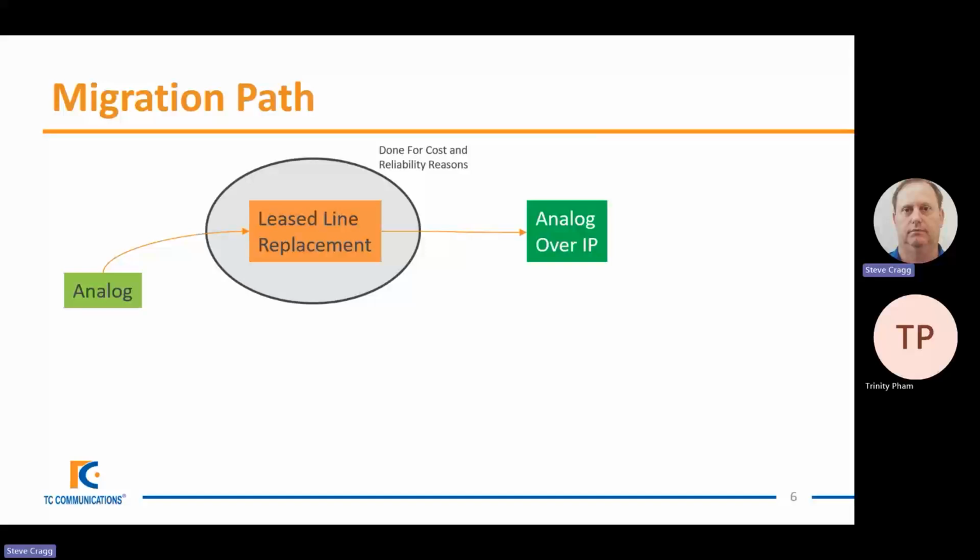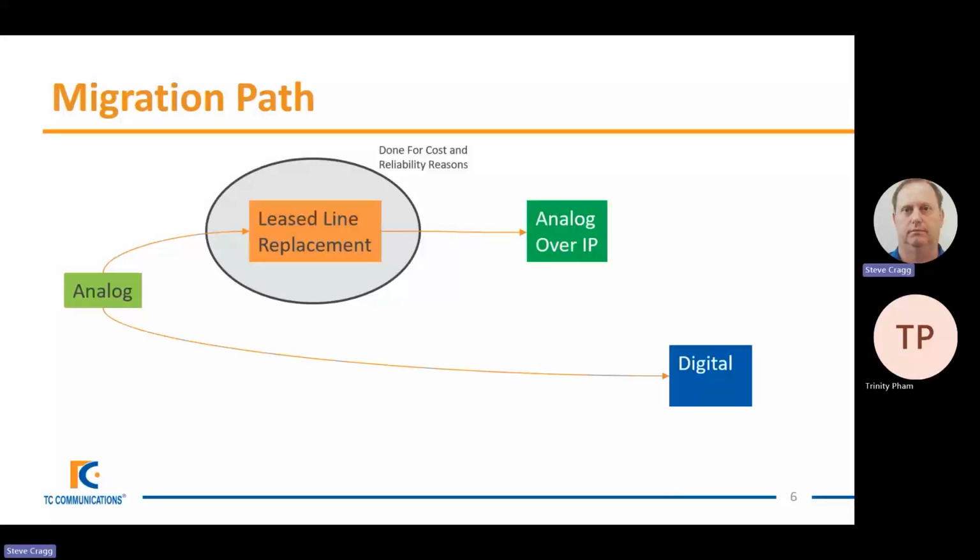Some of you will have seen the video we've done on the city of Rockford, Illinois, where by doing this, they had a 56 leased line solution. They save $4.8 million over a 5-year period doing this.